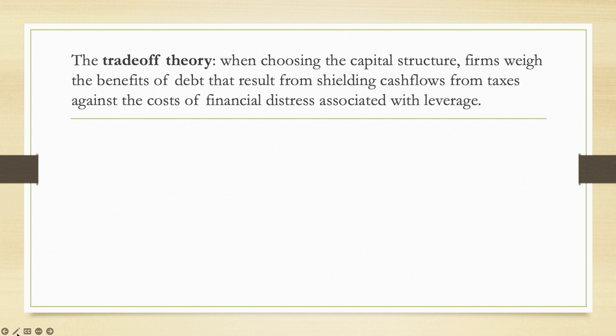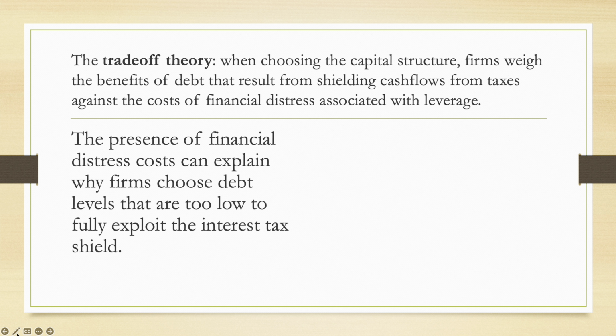Firms are aware of the costs of financial distress and bankruptcy that we just talked about. When choosing the capital structure, firms weigh the tax benefit of debt against the costs of financial distress and bankruptcy, and that is the so-called trade-off theory.